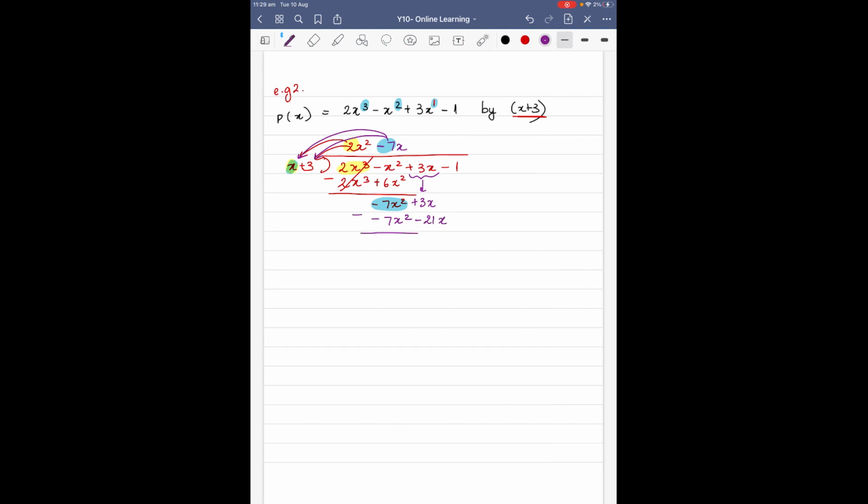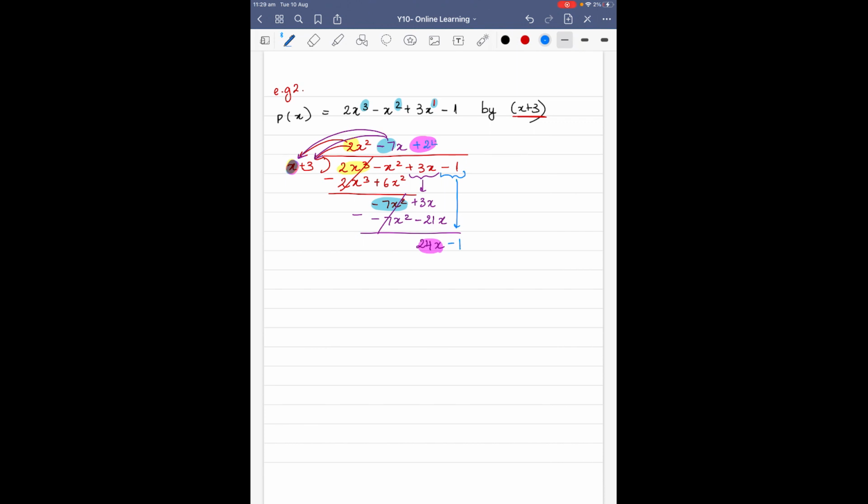Find the remainder by subtracting. That cancels out. 3x minus minus 21x is 24x. Then we bring down the next term, minus 1. Have a look. X times something has to give you 24x.